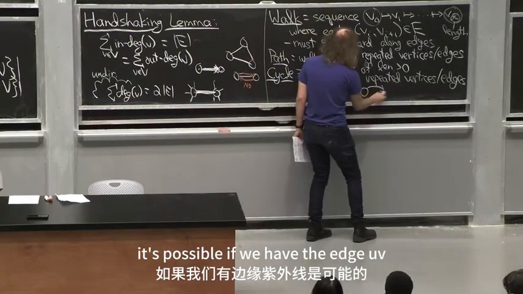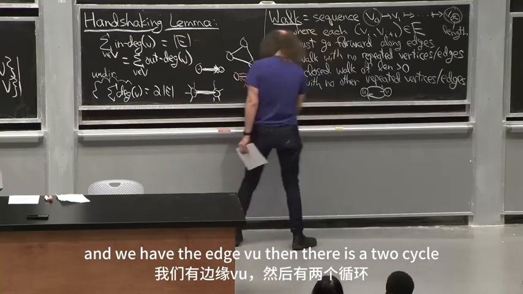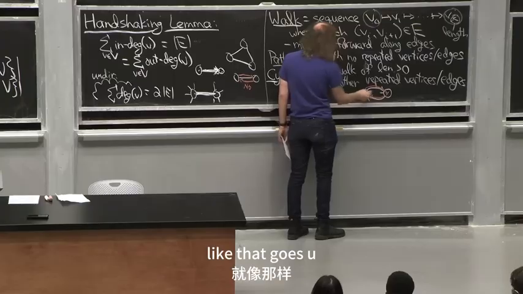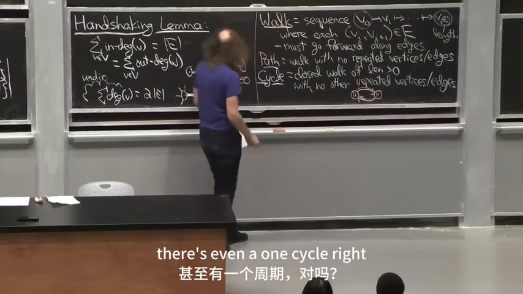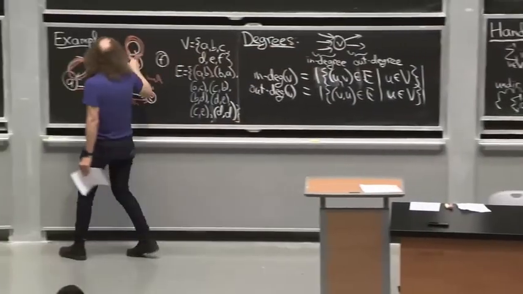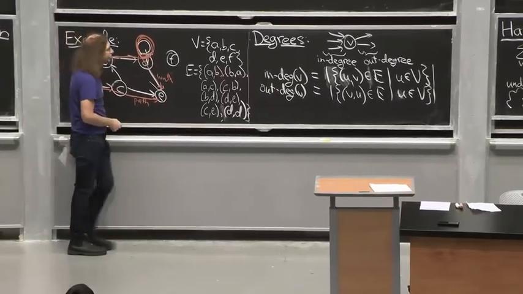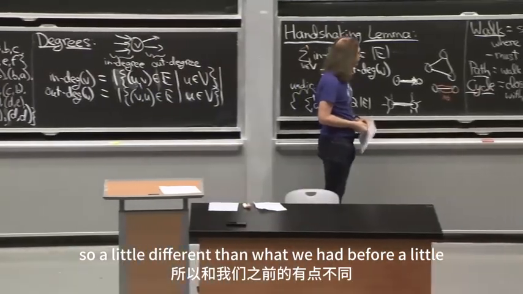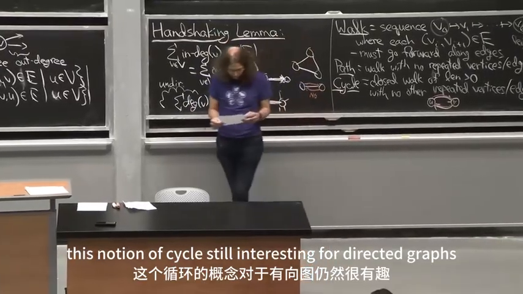If we have the edge uv and we have the edge vu, then there is a 2-cycle. It goes u, v, u. There's even a 1-cycle, because we can have loops. So here, for example, d to d is a length 1 cycle in this notation. So a little different than what we had before, a little more general. But it turns out this notion of cycle is still interesting for directed graphs.